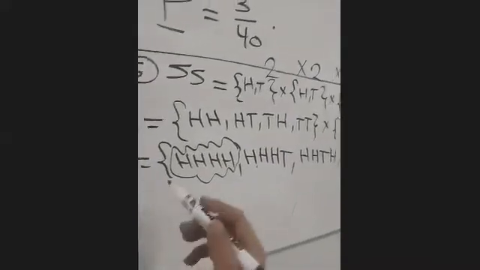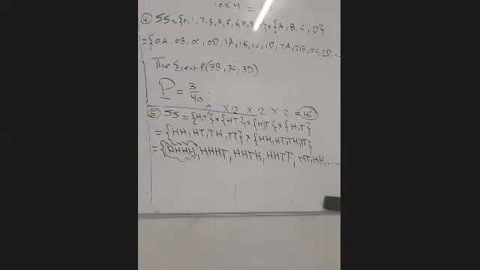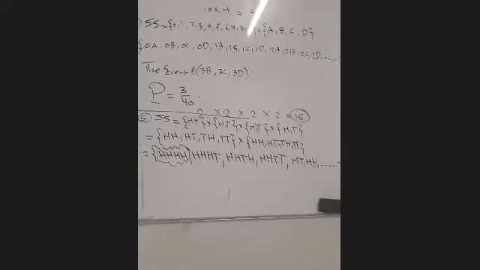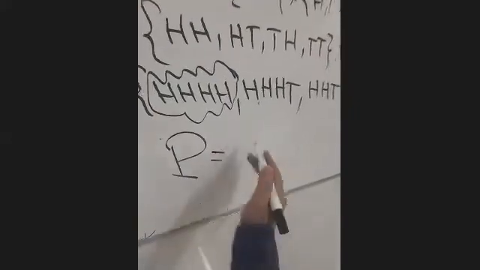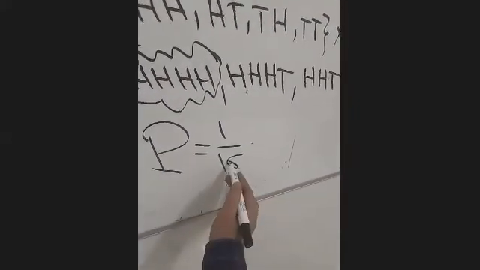How many outcomes for the event? 1. On the total, 16. So what's the probability equal? 1/16. But here they're asking for it in percent.